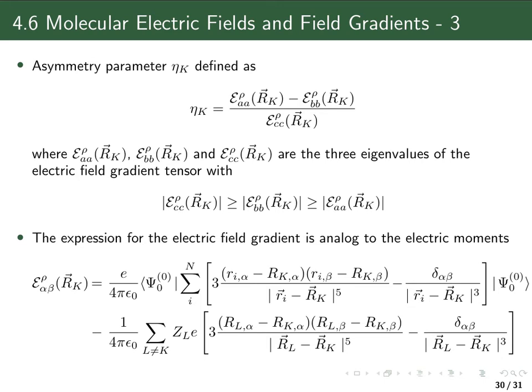Now remember, we make the same transition to quantum mechanical expression as we've done for the electric dipole moments, and therefore we get an expectation value here, where we have here electronic coordinates, and in the Born-Oppenheimer approximation, we get also a nuclear contribution, which essentially has the same form as the electronic contribution, but it's just evaluated with the fixed nuclear position vectors here.